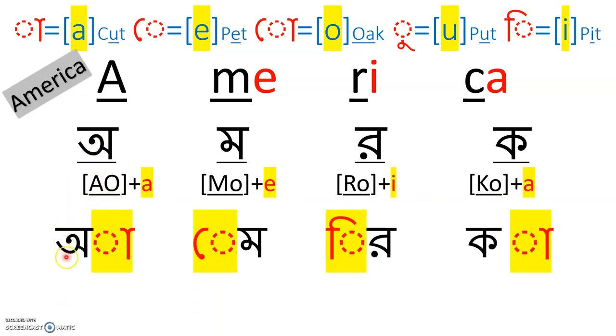So this O, I bring it down here, and because of A, I'm gonna be using the symbol that sounds like A, which is this guy right here. It looks like a vertical line to the right. This circle tells you which side your letter should go. So the letters go on the left, symbols go on the right.